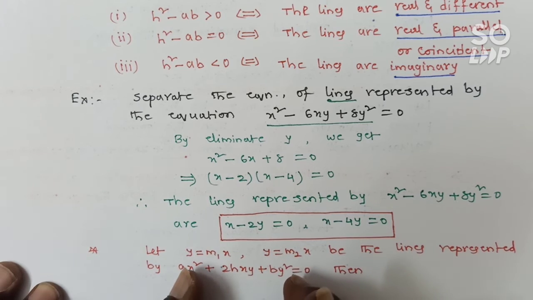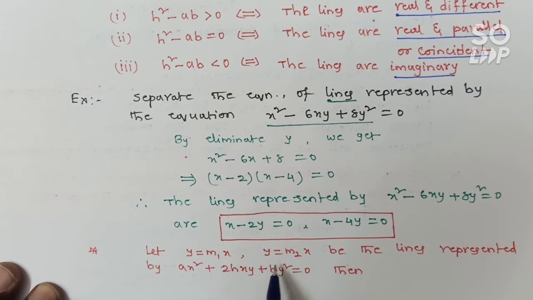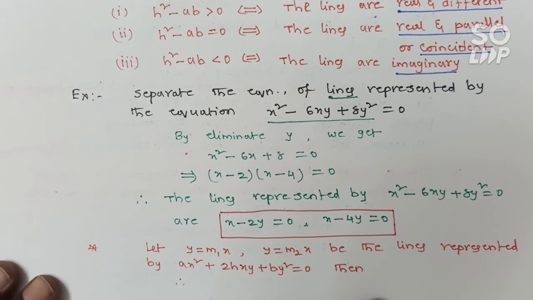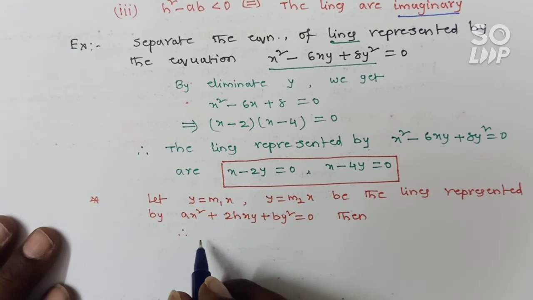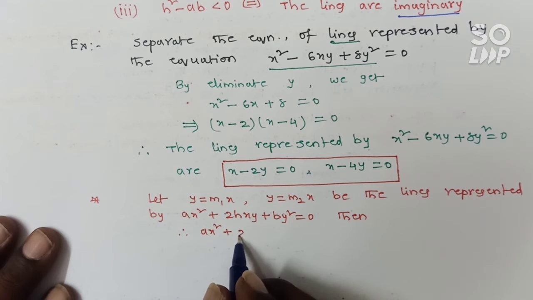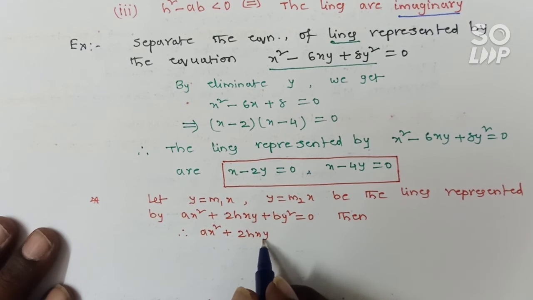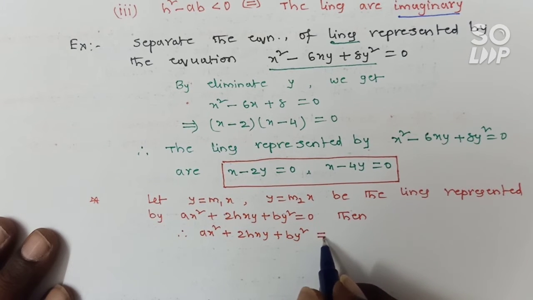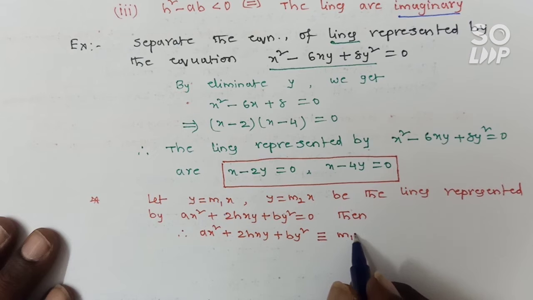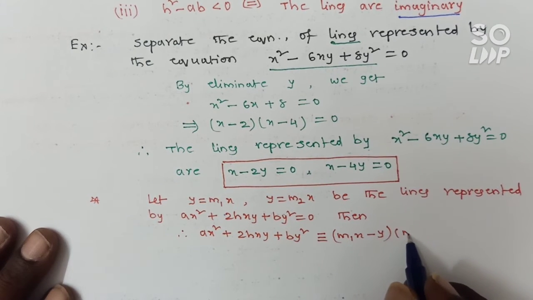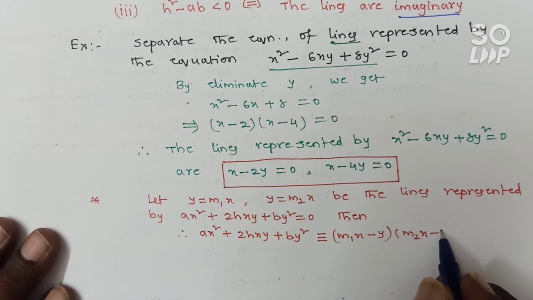So when these two are represented by this equation, the product of these two will be equal to this one. Therefore you can write a into x square plus 2h into xy plus b into y square is identically equal to m1 into x minus y into m2 into x minus y.